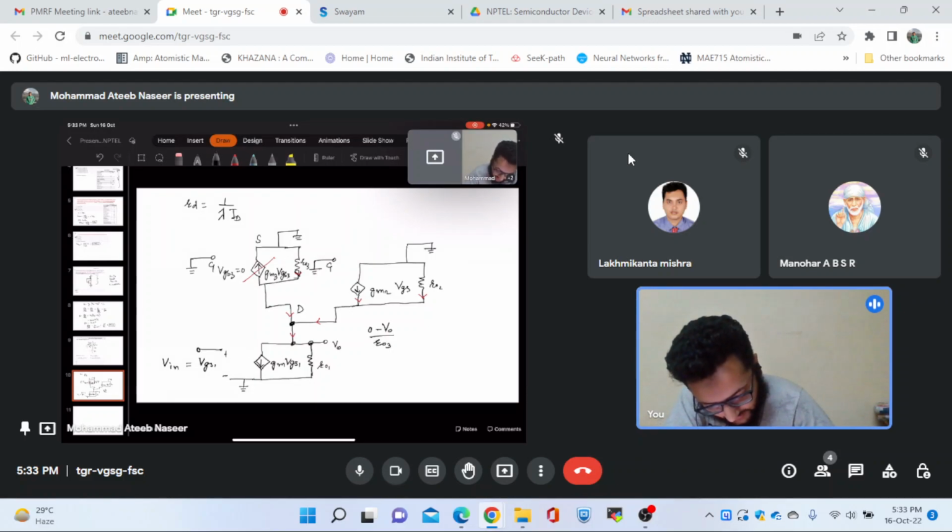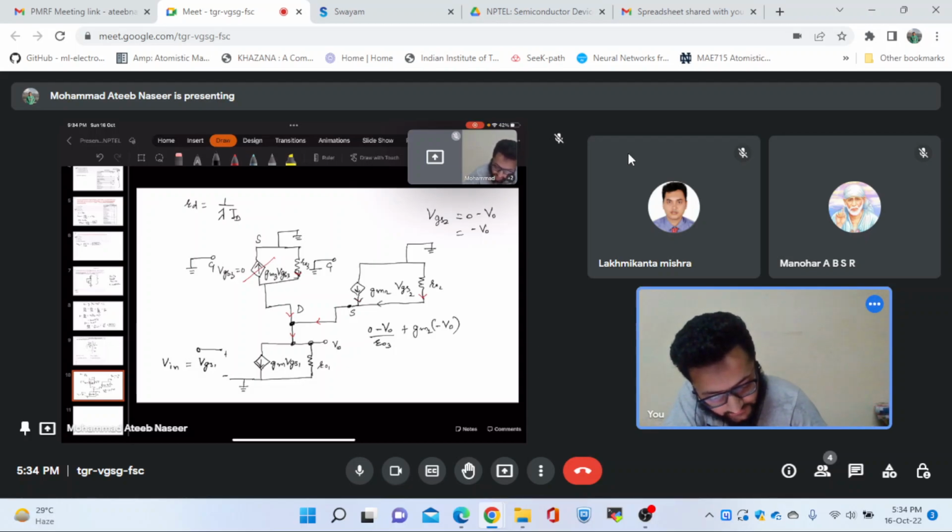And the current coming from this terminal will simply be equal to gm times vgs2. But vgs2, as we can see from this, this is the source of this MOSFET, which is M2. vgs2 is simply, VG is 0, and S, as we can backtrack, is V naught. So this is minus V naught. So vgs2 is minus V naught, and this is gm2 times minus V naught.